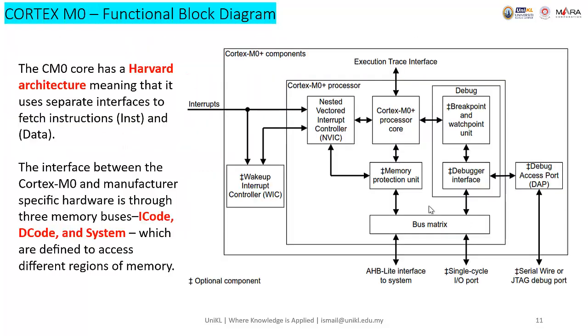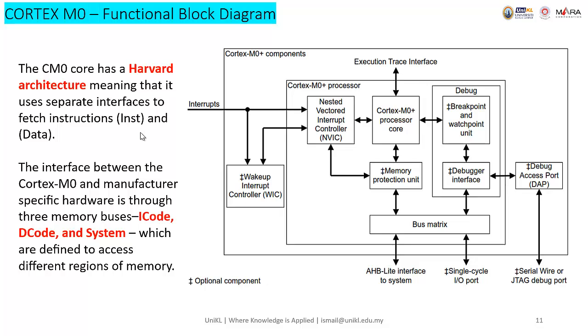And I don't want to talk about the functional block diagram. The functional block diagram of the Cortex M0 is too much for us actually, but I will just talk a bit about it. The CM0 core, or Cortex M0 core, has a Harvard architecture, meaning that it uses split interfaces to fetch instructions and data. So it has program memory and then data memory.